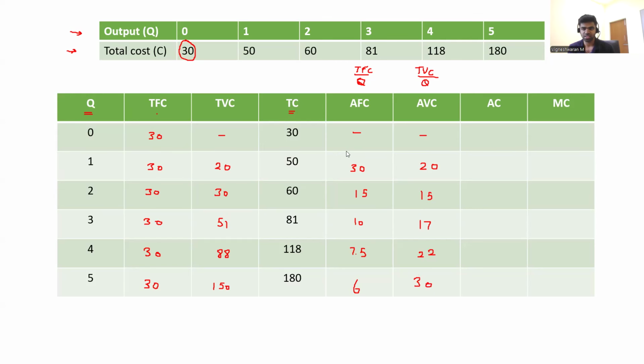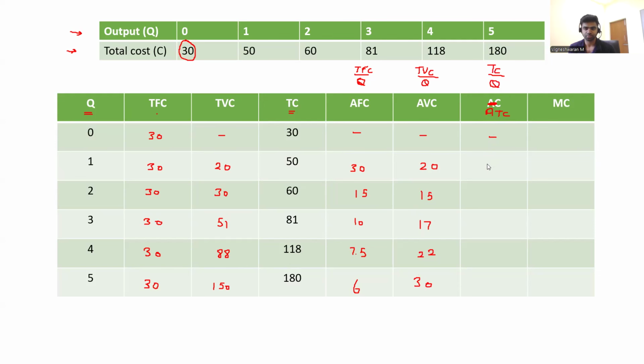Now, average, oh sorry, it's not average cost, it's average total cost. Okay, so average total cost is nothing but total cost divided by quantity. So we don't have any value for this.